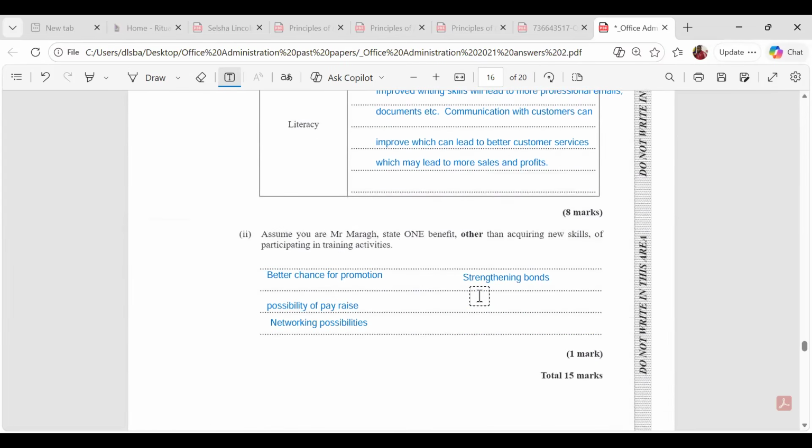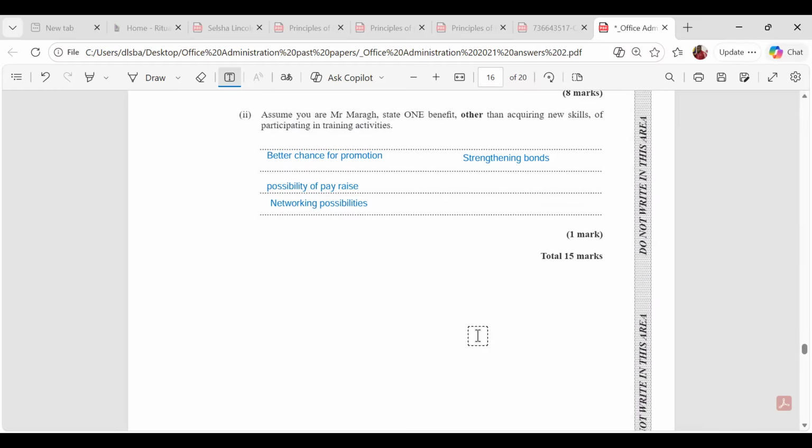You have a better chance of promotion. And it could possibly lead to an increase in pay. When you participate in any training activities, there's a chance to network with other people. Anything like that could work.